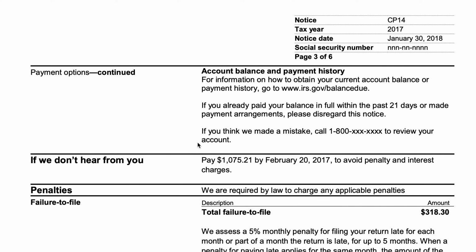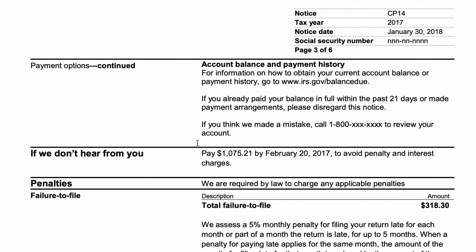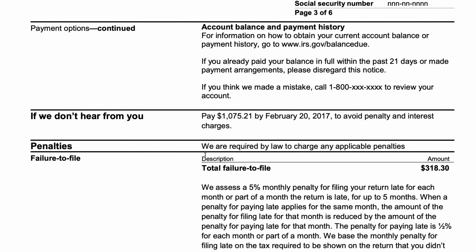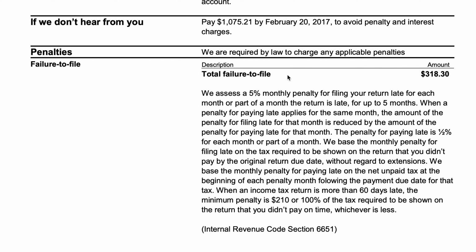So the rest of the form basically talks about your penalties and how your penalties were assessed. So again, the failure to file penalty says a 5% monthly penalty for up to 5 months.